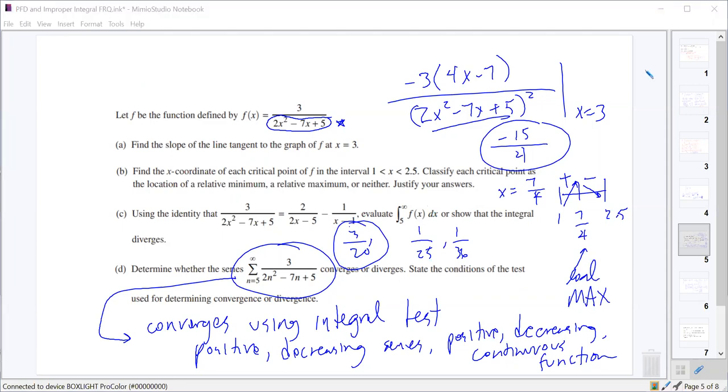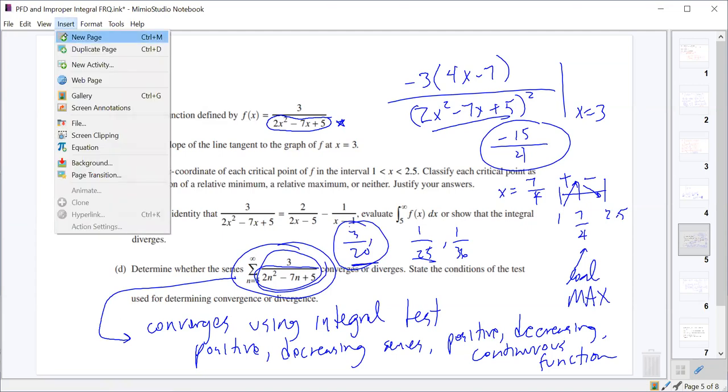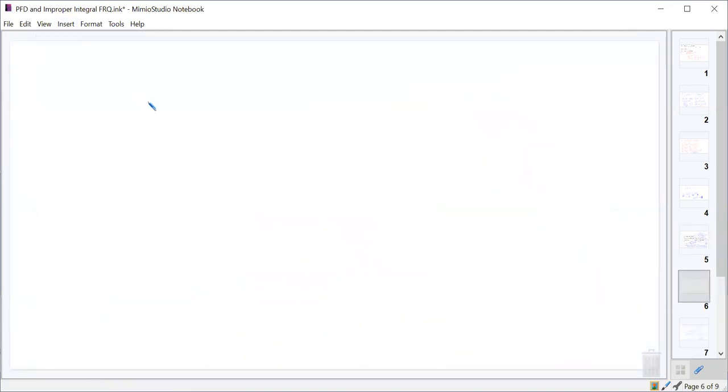So the direct comparison test is a little bit of a struggle here, because we need this 3 over 2n squared minus 7n plus 5 to always be smaller than our 1 over n squared, but it's not smaller than 1 over n squared.